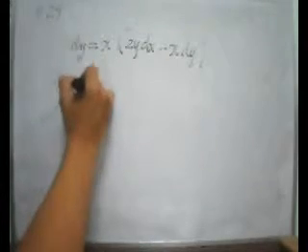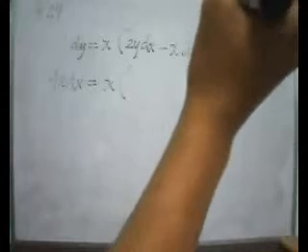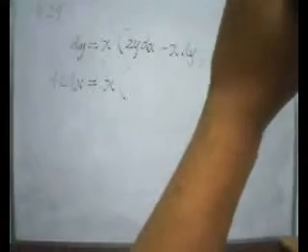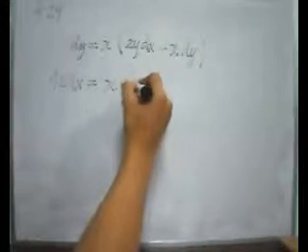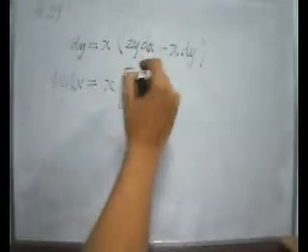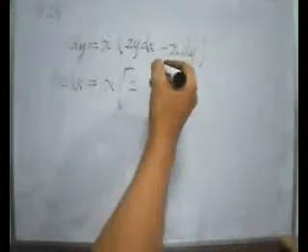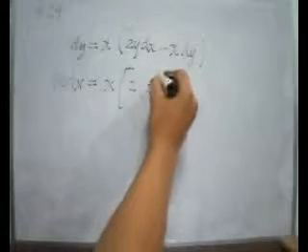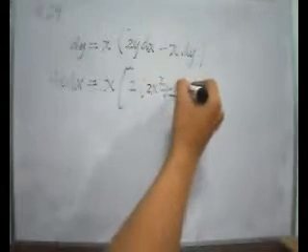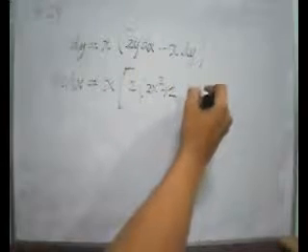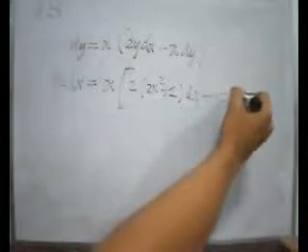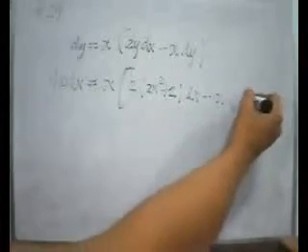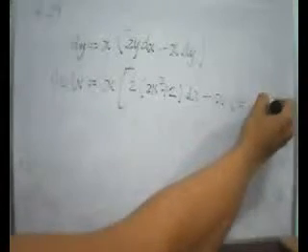Your x times your y is equal to 2 times this one here, this should be a bracket, times 2x squared plus 2, and this is dx, minus x times your dy, which is 4x dx.